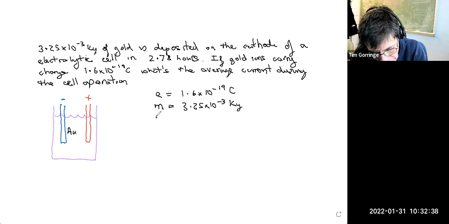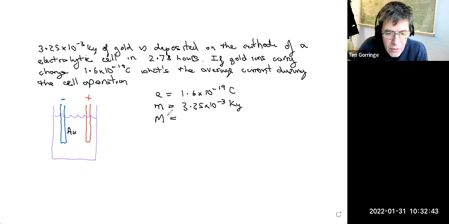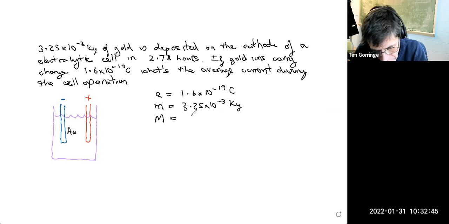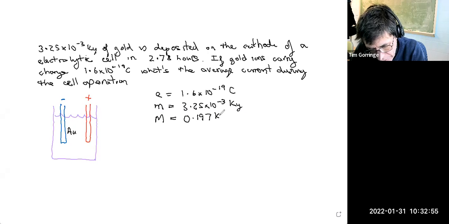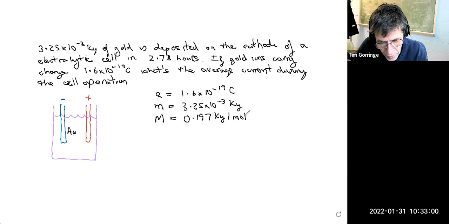Thirdly, we're going to need this. It's not told to us in the problem, but I looked it up. The molar mass of gold: 1 mole of gold atoms has a mass of 0.197 kilograms. So the molar mass is 0.197 kilograms per mole.